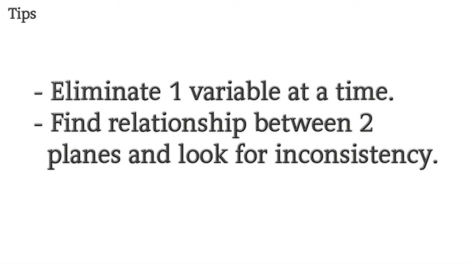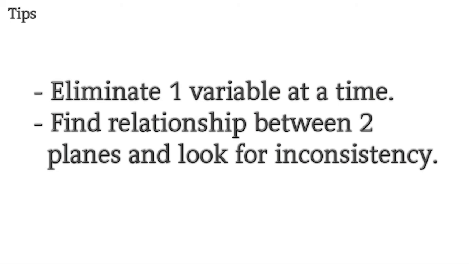So there aren't many tips when it comes to doing Gaussian eliminations. Remember to eliminate one variable at a time if you need to. There are ways that you can save a bit of time, especially during my prism example.